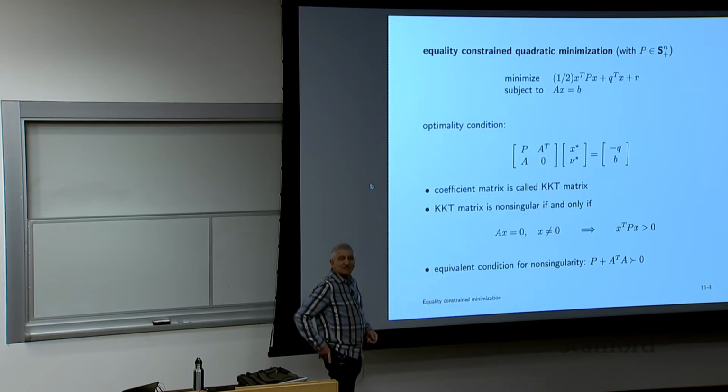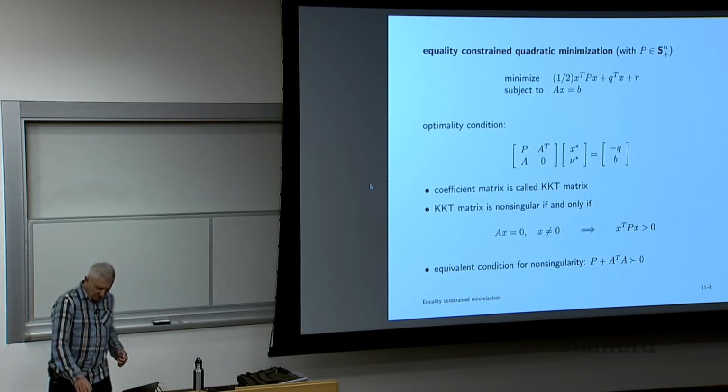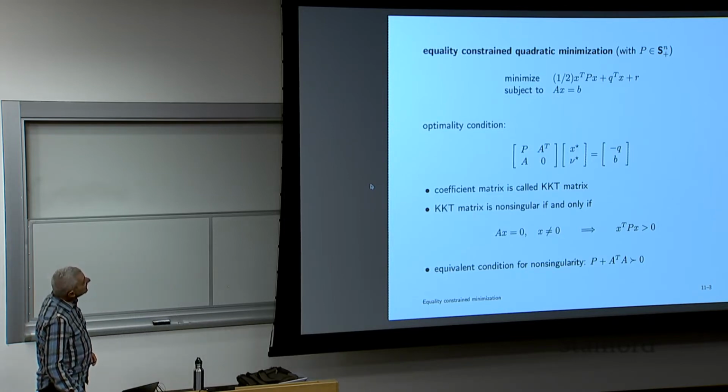So that's if and only if. Okay. And there are many, many ways to express that. And you probably don't even have to worry about that too much, right? But that's what that is. Okay.